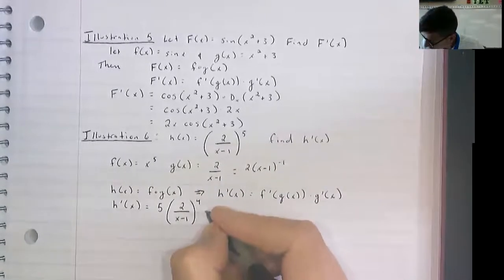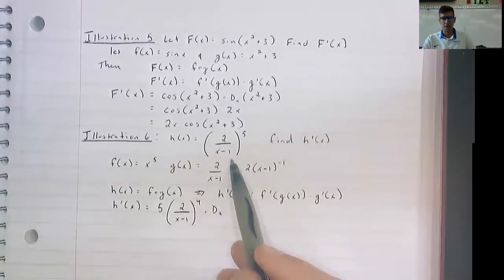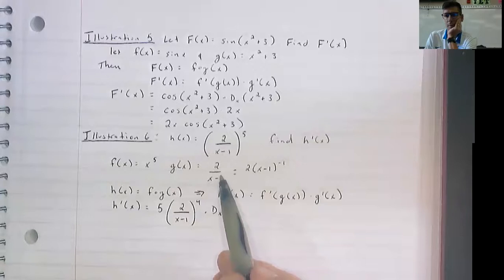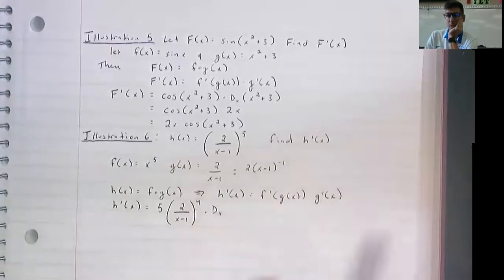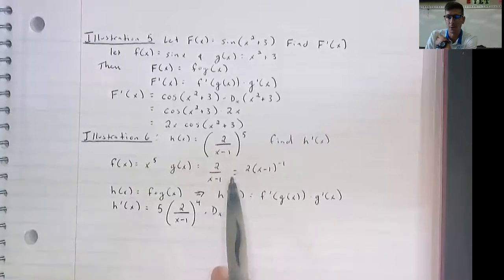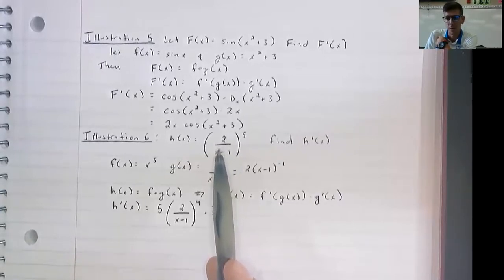And then we're going to be taking the derivative of the inner function, 2 times x minus 1 to the negative 1. Now, you are welcome to keep this as 2 over x minus 1 and use the quotient rule. Totally fine. But as we'll see in an example in just a second, now with the chain rule, I'm almost going to say that every time we have a rational function, especially with a constant up top, we should be thinking, turn this into a negative exponent and use the chain rule.